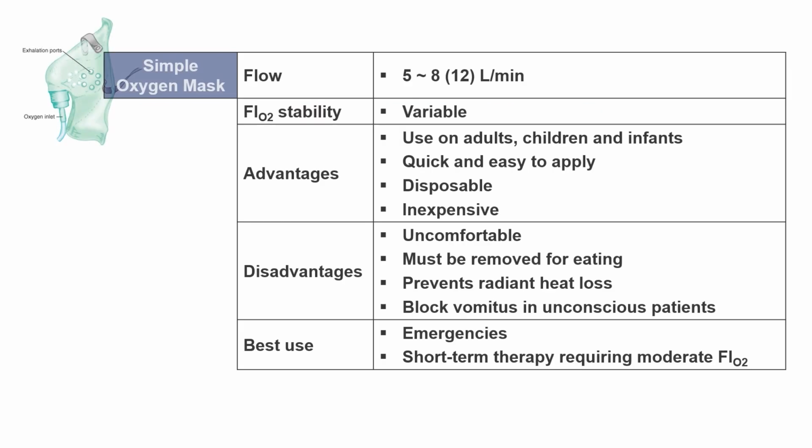A simple oxygen mask can deliver a flow of 5 to 8 liters per minute, and in some cases, up to 12 liters per minute. Like the nasal cannula, it's a low-flow system, so the stability of the FiO2 can be variable.